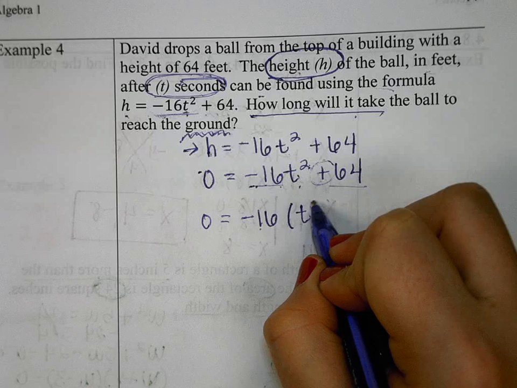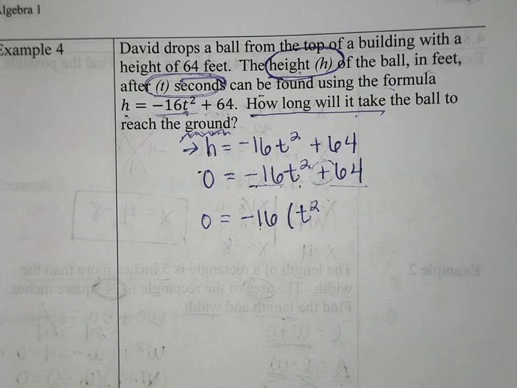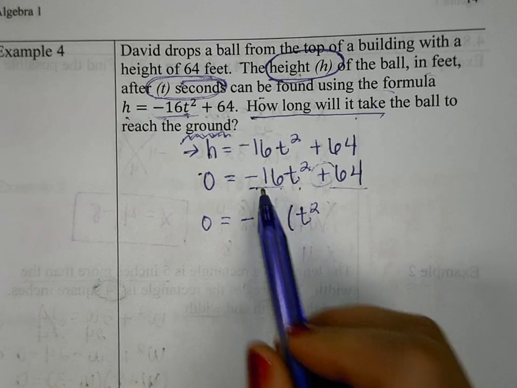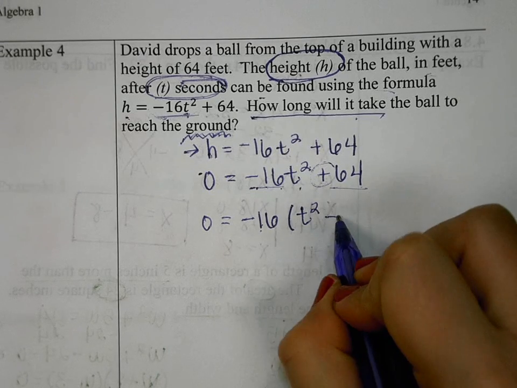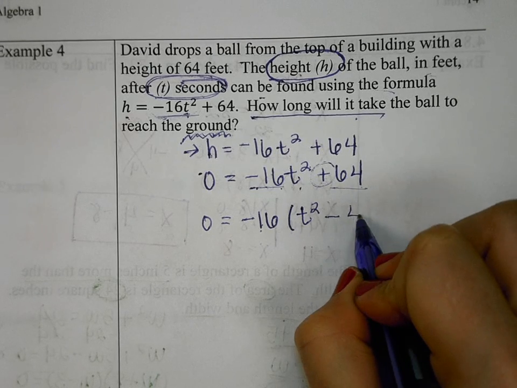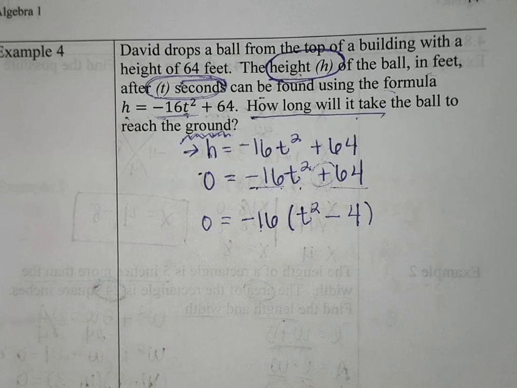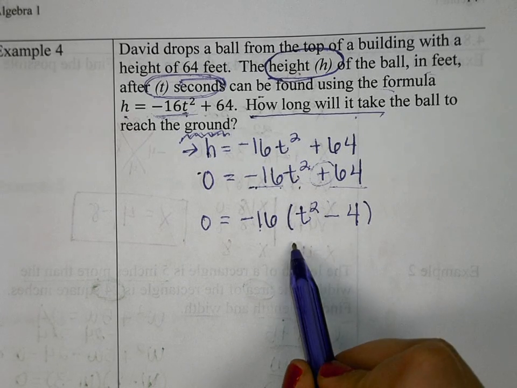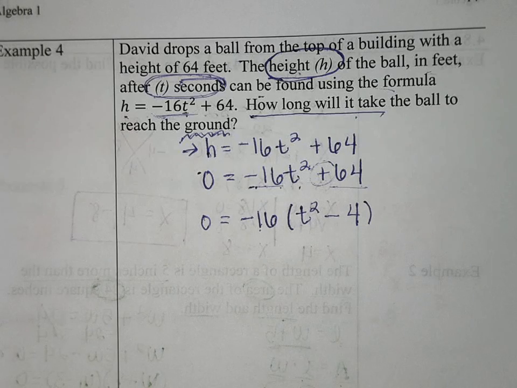Positive t squared, right? Now what about when I divide 64 by negative 16? Negative 4. Okay, so all that does is it changes the sign, and now I have t squared minus 4, which is what? A difference of 2 squares.